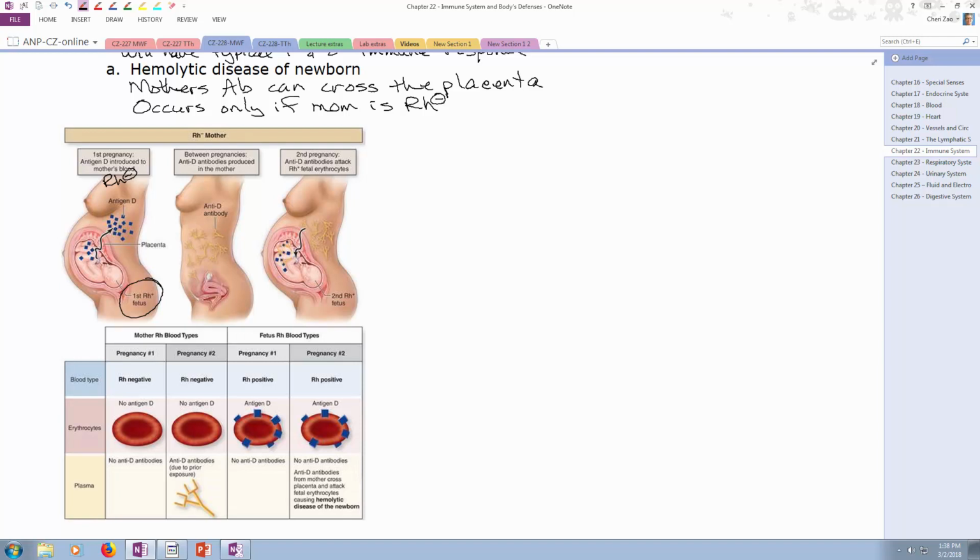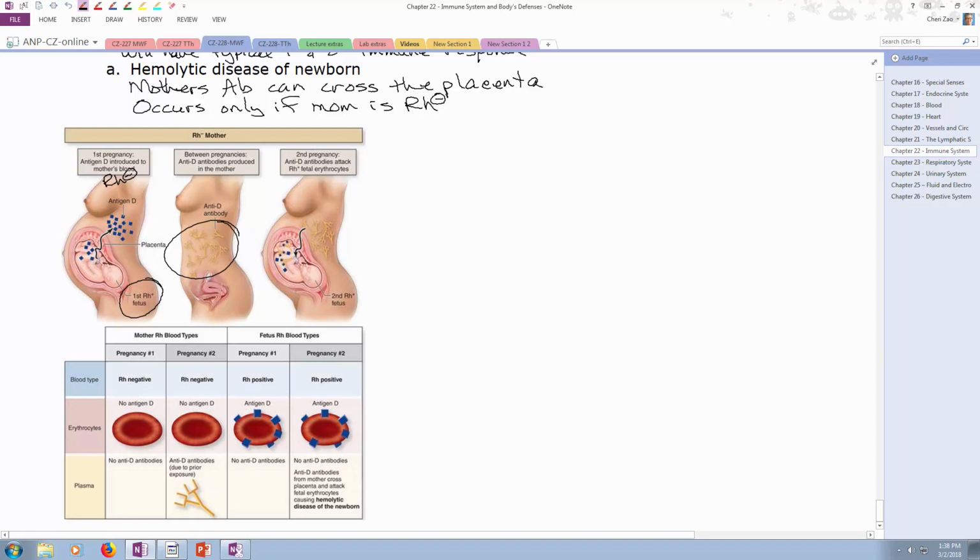And that will cause a primary immune response. Now, that means we are going to develop antibodies to Rh factor. This is anti-D antibodies, but antibodies to Rh factor.